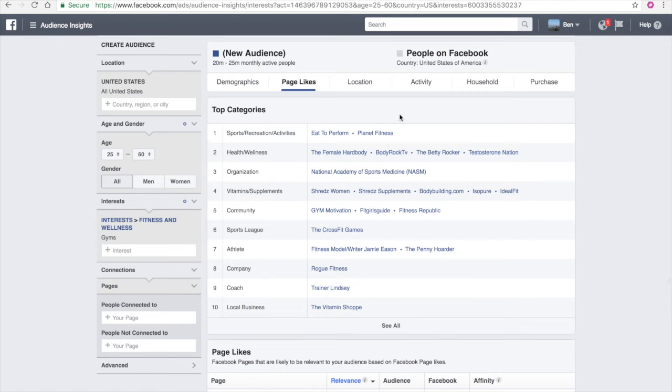So the idea is you're finding out what pages your customers like and what pages your customers visit and have an interest in, and then you're targeting them based on those interests.